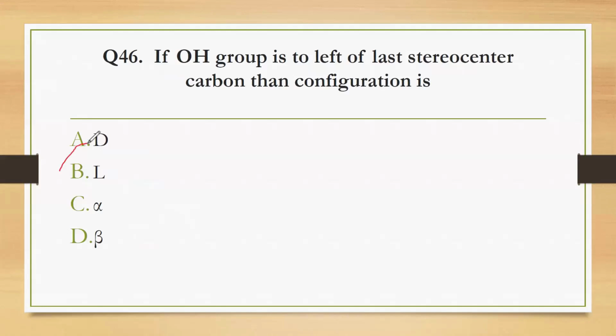So when the OH group is at the left, it is called L configuration, and when it is at the right, it is called D configuration. So then the next question is number 7.